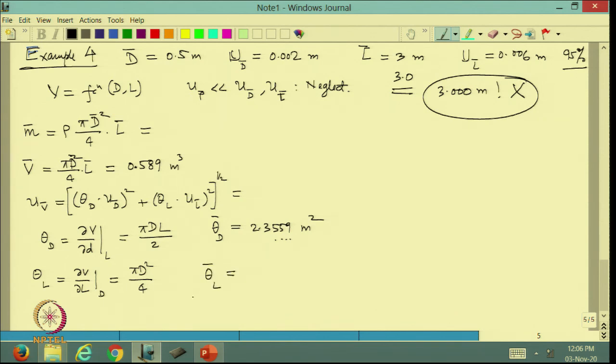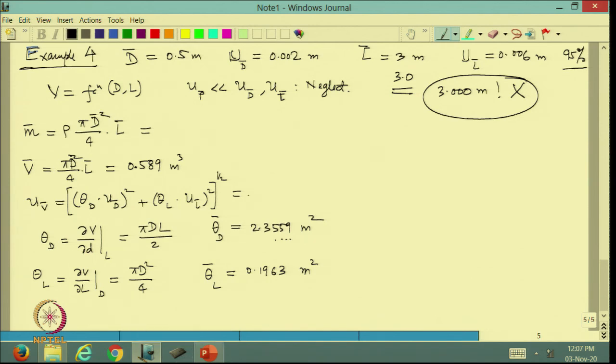We substitute d bar into this and we get the value as 0.1963. This is volume by length, so this is also meter square.